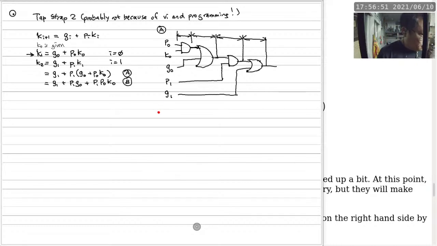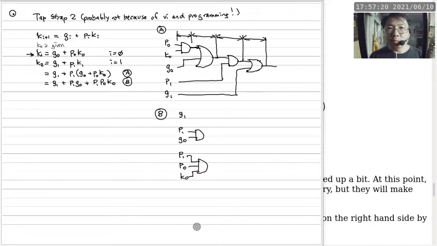What about B? Option B is a little bit different because G1 is basically all by itself, and then we have P1 G0 going into an AND gate like this, and then we have P1 P0 K0 going into another AND gate.